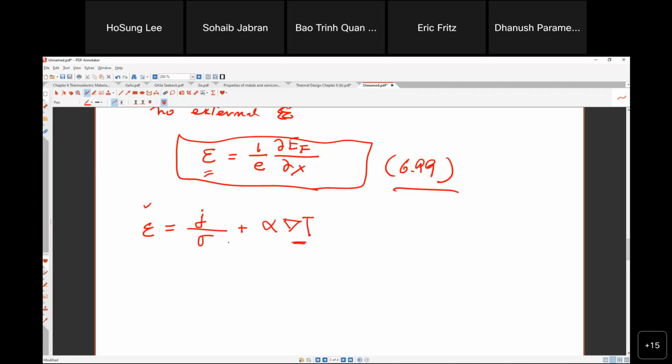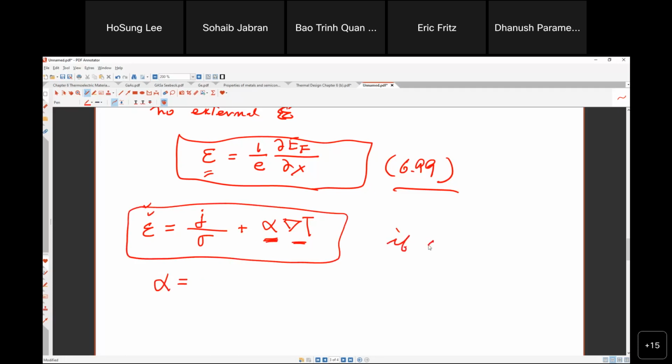So that's the thermoelectric electric field, and then what is the nature of Seebeck? The nature of Seebeck is so difficult to figure out.